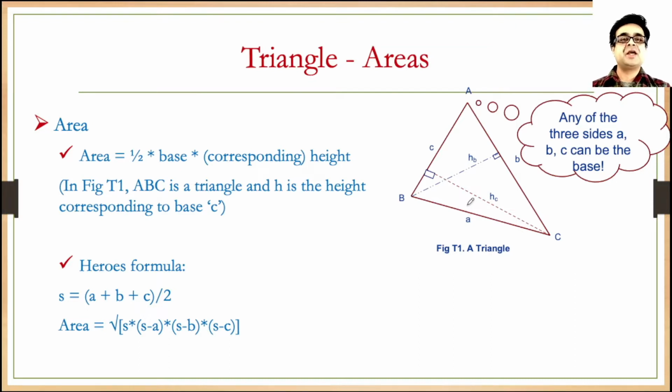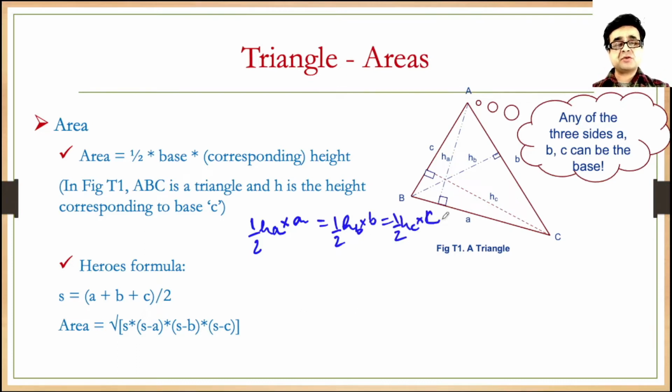What is important to remember is that each side has a height corresponding to itself, as I have denoted in the figure. What that means is the area of the triangle can be written as half HA into side A, which is same as half HB multiplied by side B, which is same as half HC multiplied by side C.